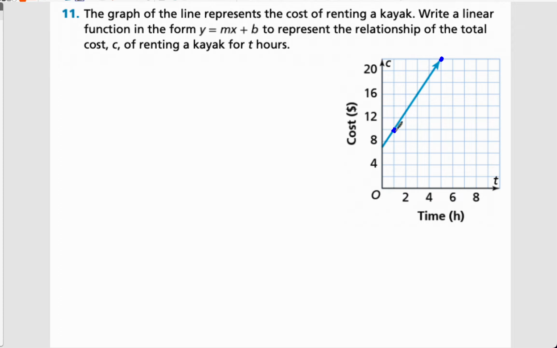So from here up to here, it's going to be 2, 4, 6, 8, 10, 12 over 1, 2, 3, 4. So 12 over 4 is going to be the slope, which is 3. Okay.